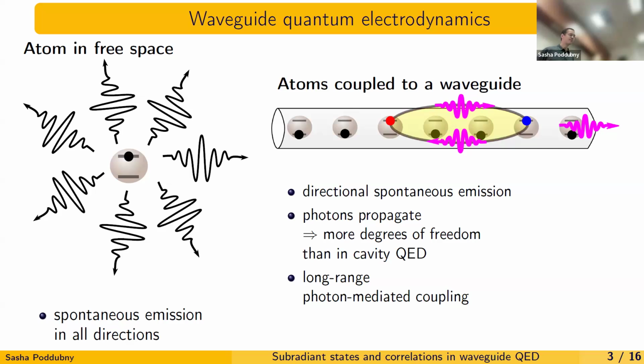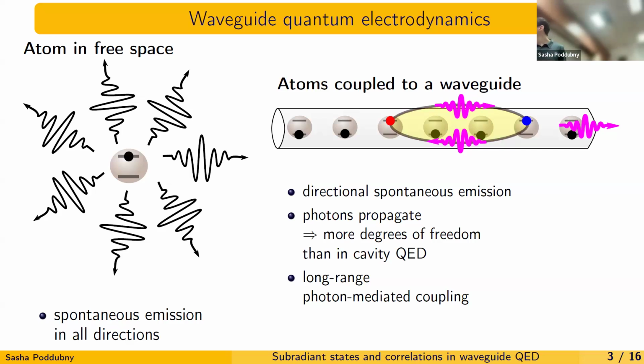Yeah. On the same topic, are you also assuming that you don't have direct coupling between them, so not through the photon field, but like coupling, tunneling, for example? Yeah, there is no direct coupling, only via the photons. For superconducting qubits, it's a perfect approximation. For quantum dots, it's also a perfect approximation.